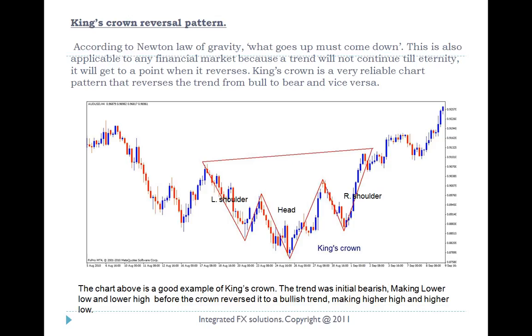King's crown is a very reliable chart pattern that reverses the trend from bullish to bearish and vice versa. It is also known as head and shoulder pattern. We can see the head, the left shoulder and the right shoulder.